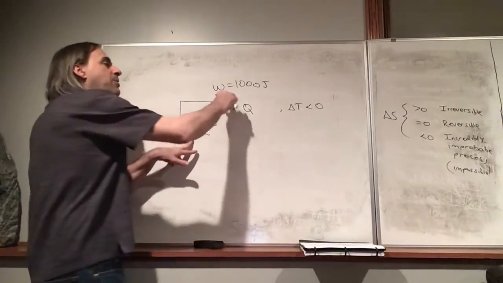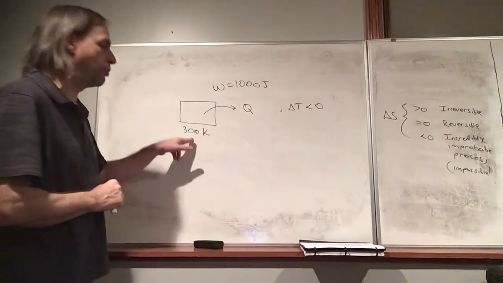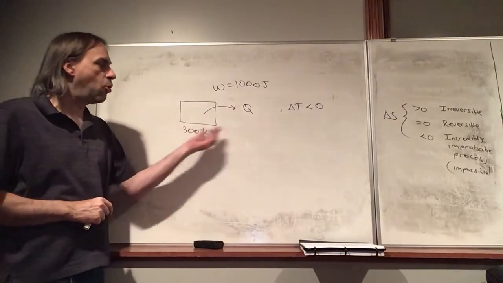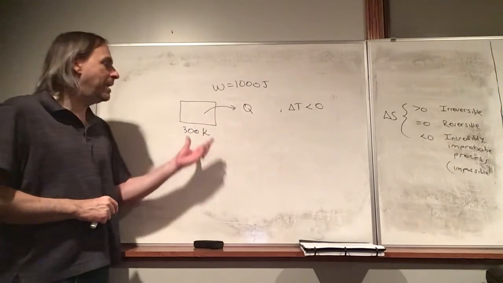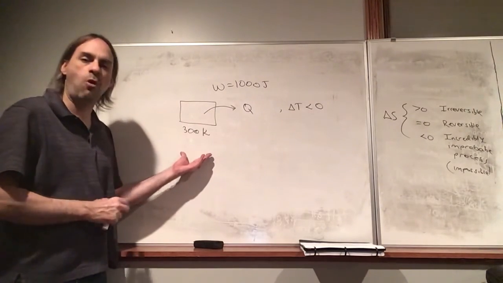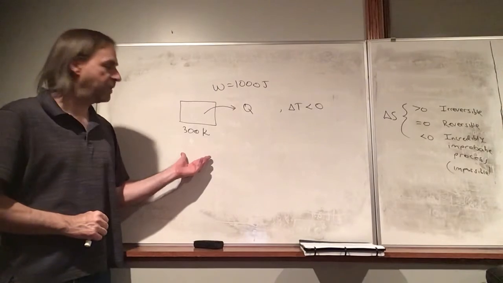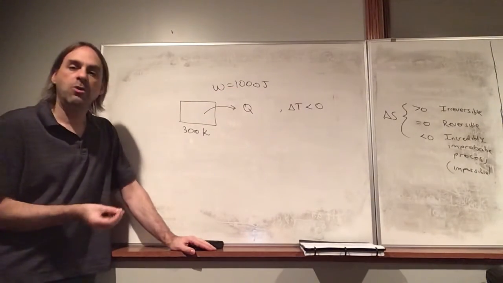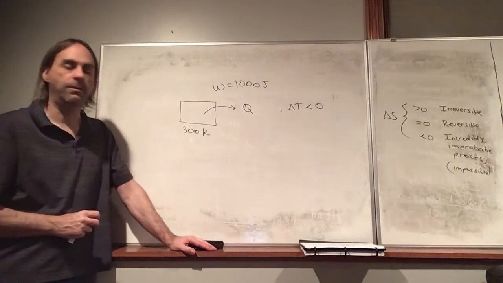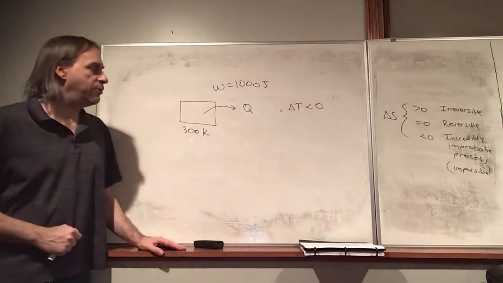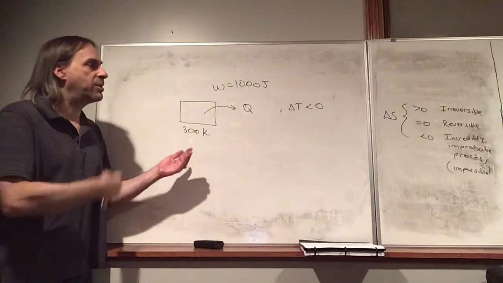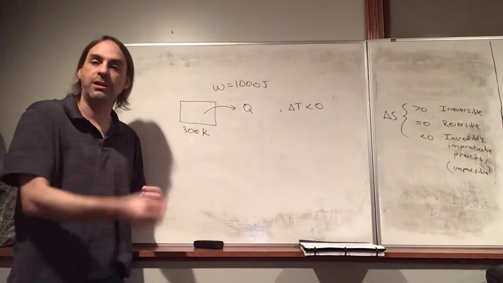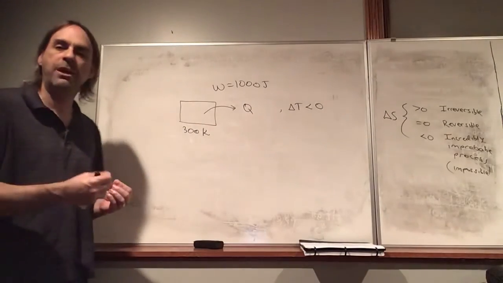So let's say we use an additional 1,000 joules of energy to lower the temperature more. Now this object is a little colder than the room. And so to reduce the temperature more, it's a little bit harder this time. If we apply the same amount of work, we'll get a smaller delta T. Maybe not much, but as we keep going through this process in finite steps, moving 1,000 joules of energy at a time, we get diminished returns.